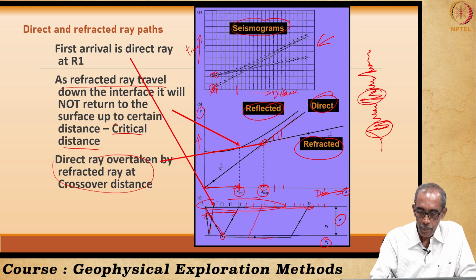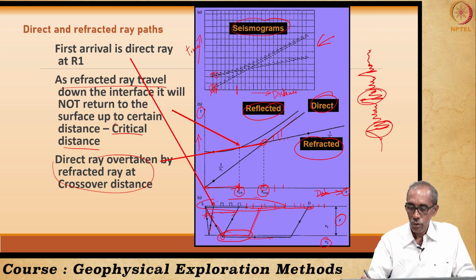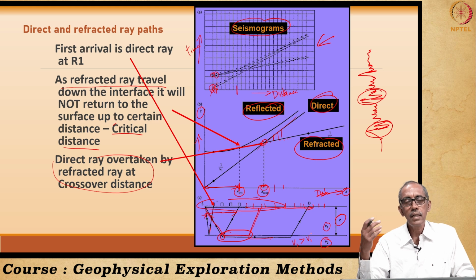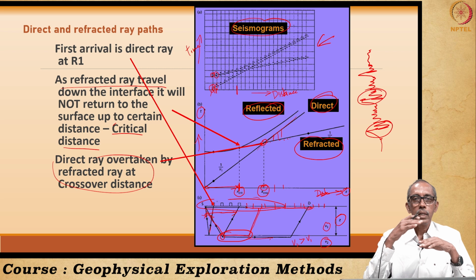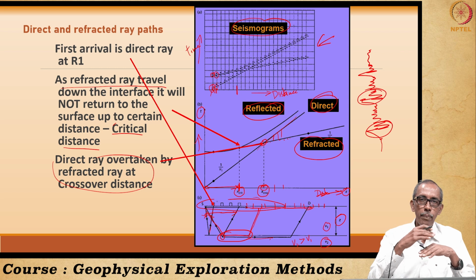This is the ray path, and most of the distance it covers with a velocity v2, right. Usually v2 will be greater than v1. It is generally the case. Why? Because during the sedimentation process, in general, layers at greater depths are more compacted.